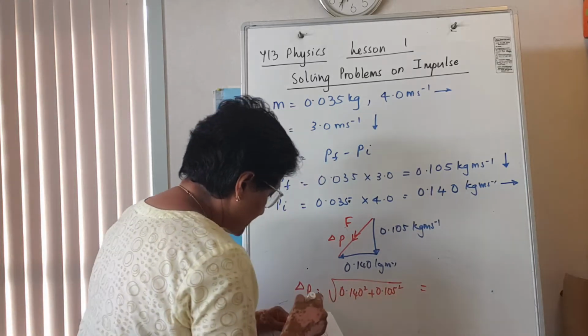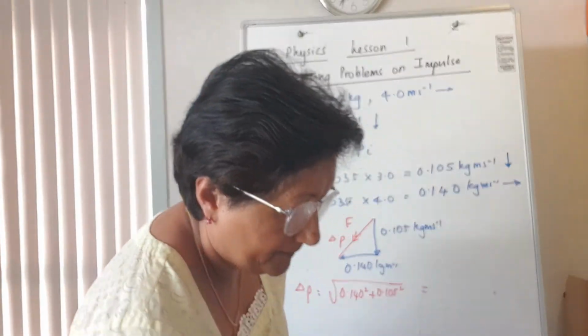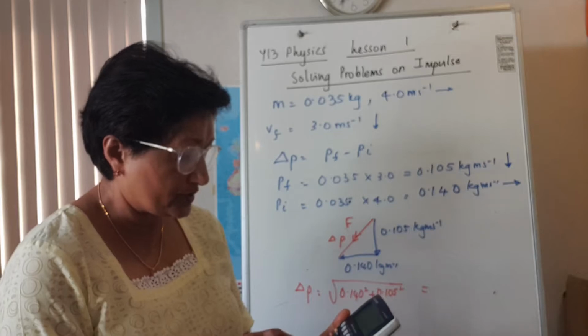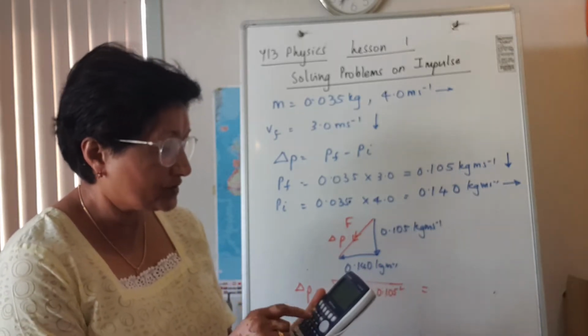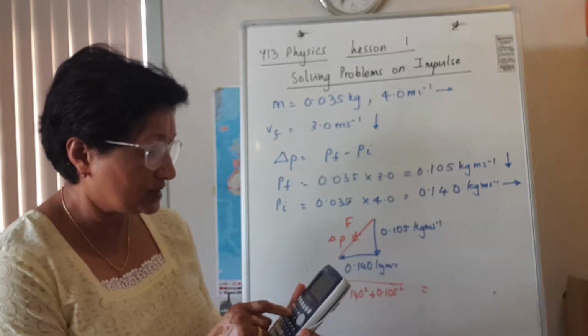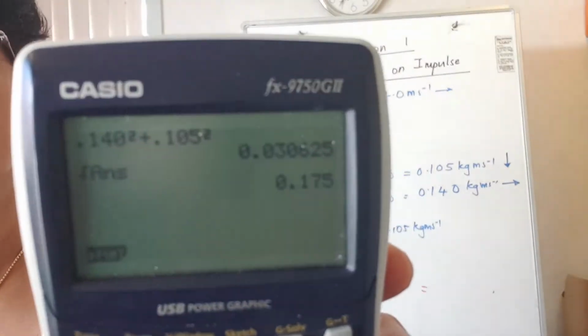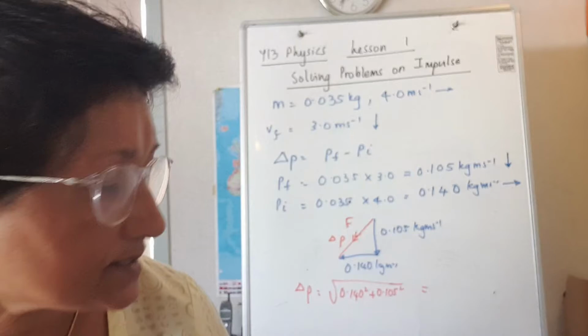So I'm using Pythagoras, and if I do that, it's 0.140 squared plus 0.105 squared, shift square root, and I get 0.175 kilogram meters per second.